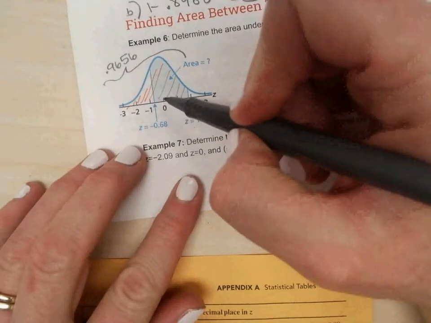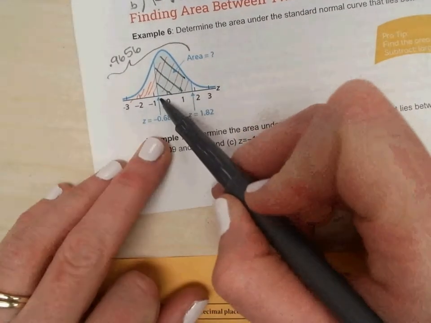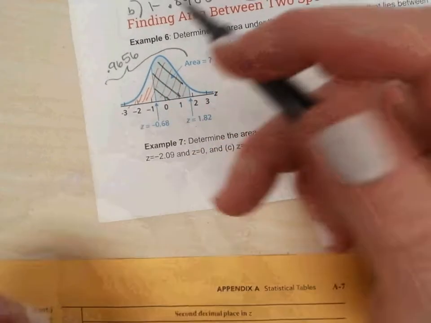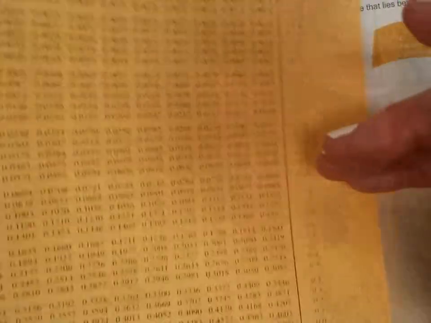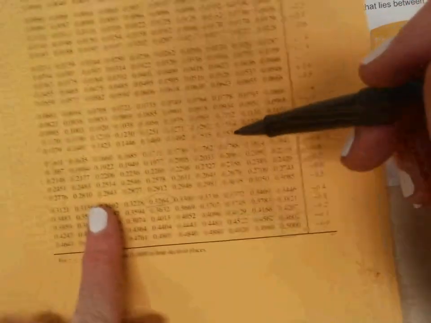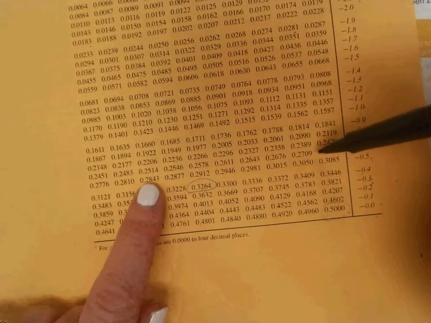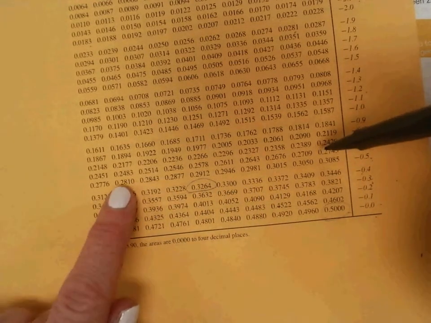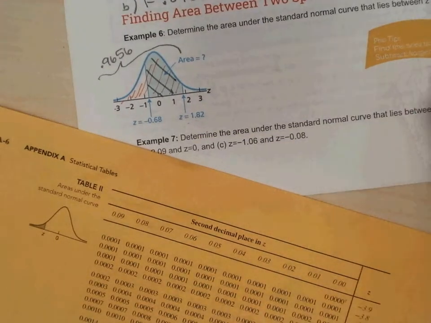So I don't want the whole thing. I really want just the part that's in this region here. I could subtract off the area to the left of negative 0.68 and have the region I want. So negative 0.68 is 0.2483.